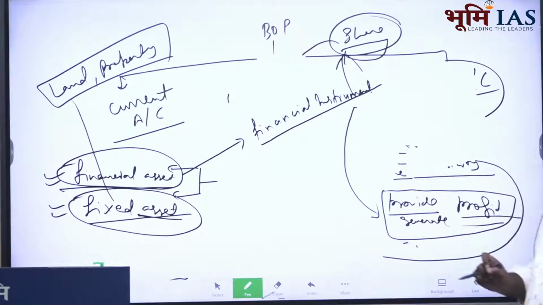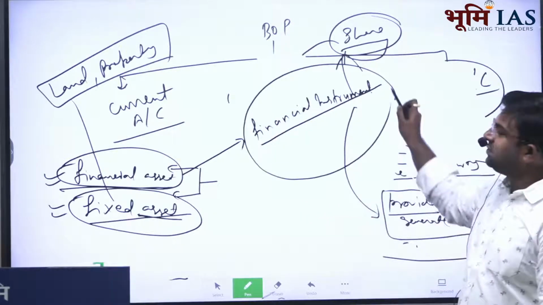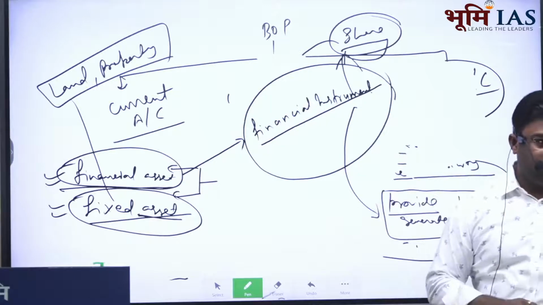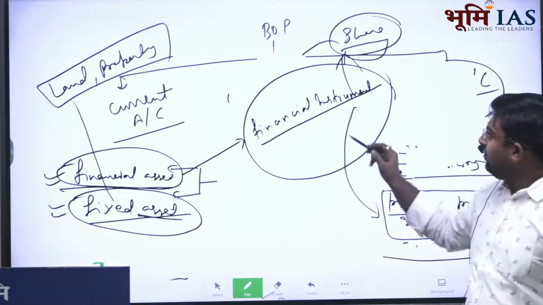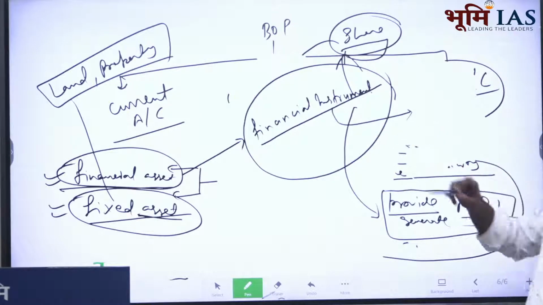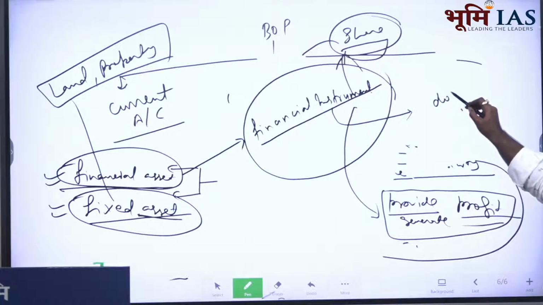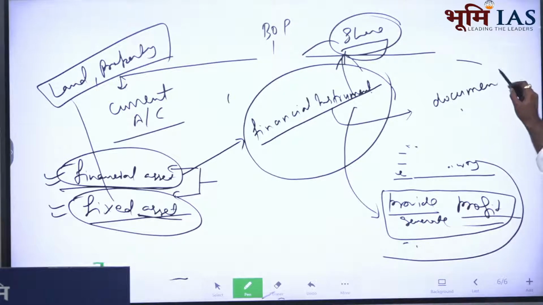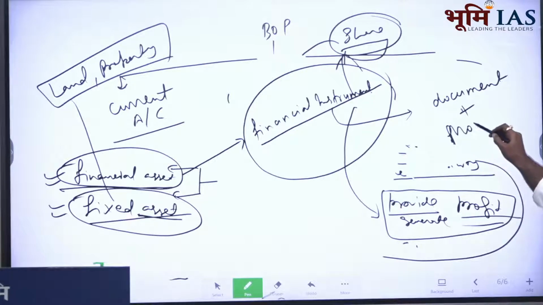Now again a second question arises here: what is the meaning of the word financial instrument, what does it actually mean? So financial instrument is nothing but any specific document which has its monetary value.